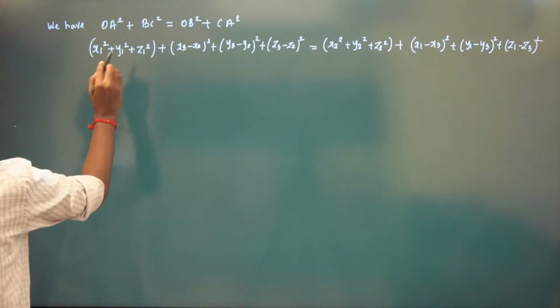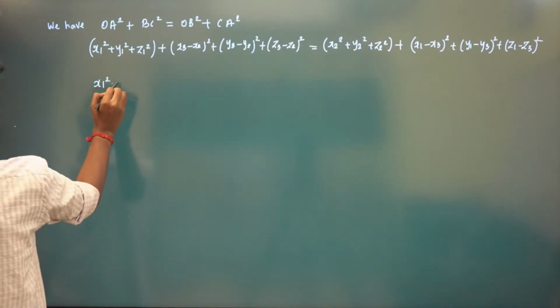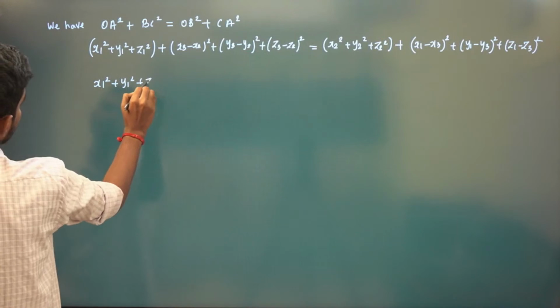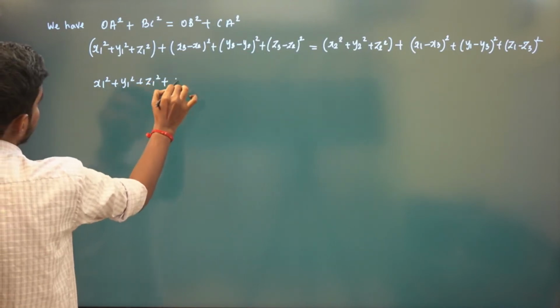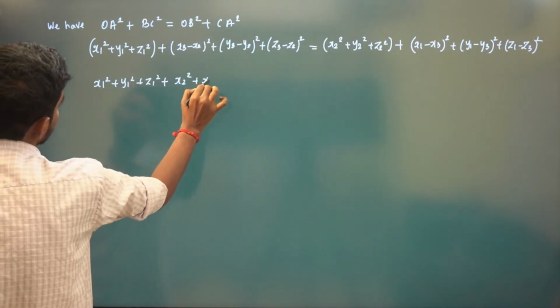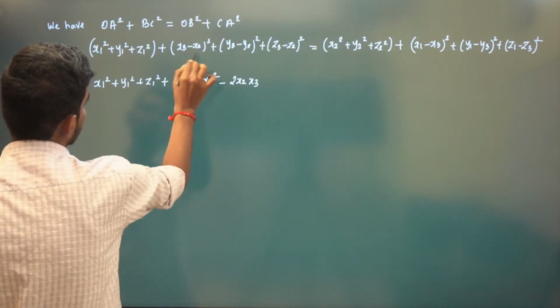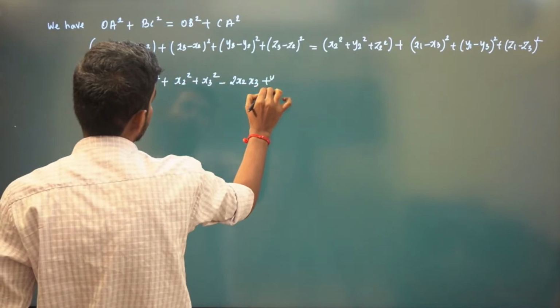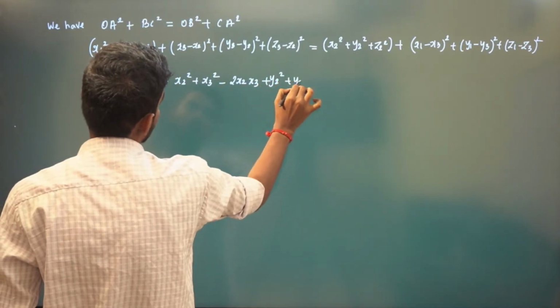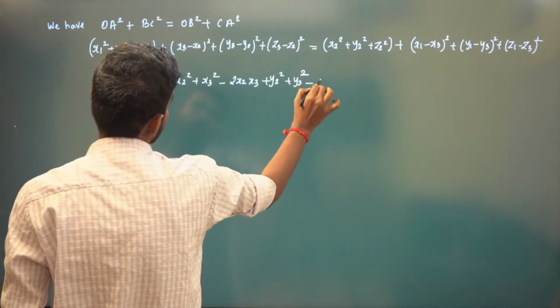See, you just have to simplify this. So we have x1 square plus y1 square plus z1 square, and a square plus b square minus 2ab, right? Again a square plus b square minus 2ab.